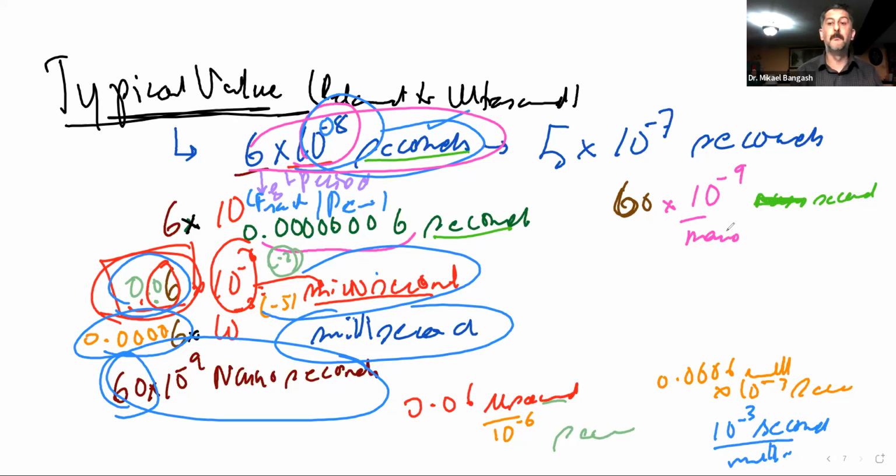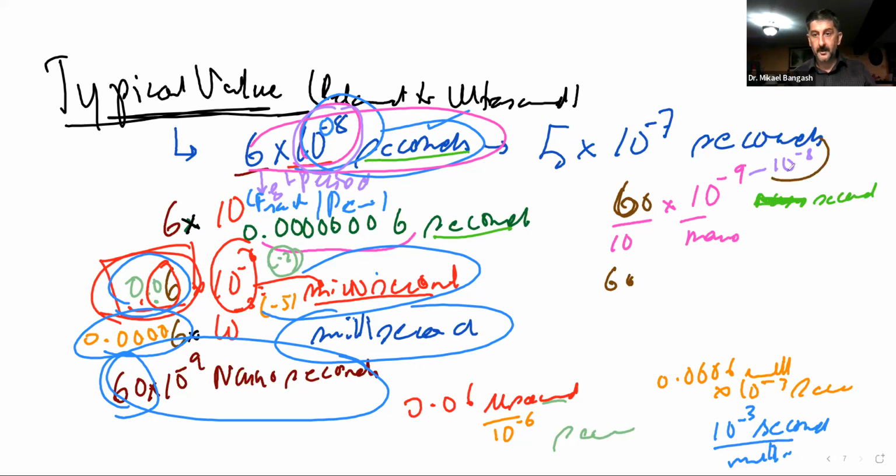This part here, that's the nano. But 10 raised to the power minus 9 actually means that we convert this into 10 raised to the power minus 8 as we have here, which would mean this number here will be divided by 10. So what do you get? 60 divided by 10 becomes 6.